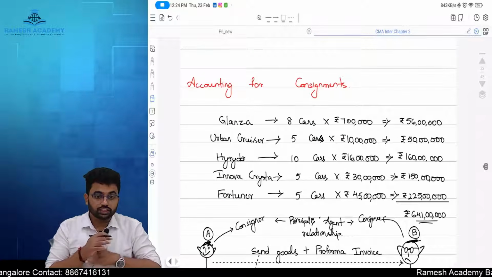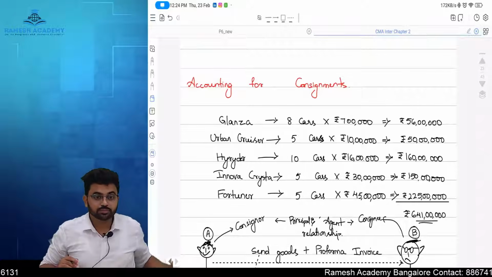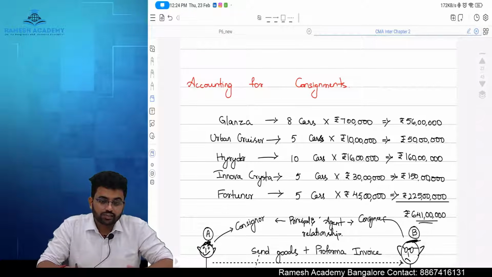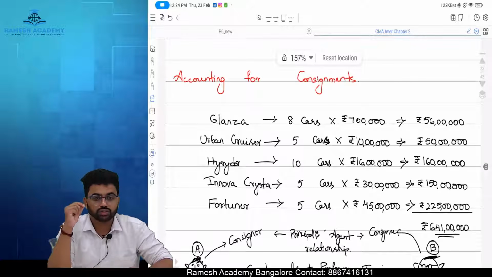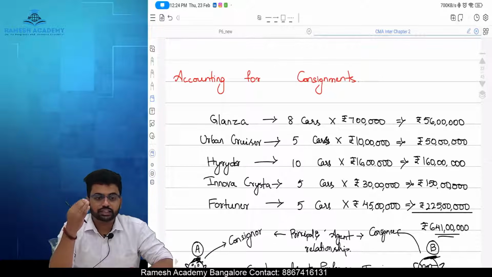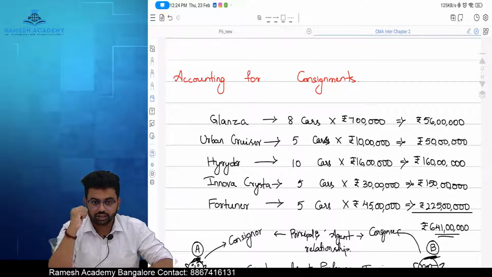Accounting for consignment is not like a normal transaction, this is a special transaction. In a normal transaction, some supplier will send goods to the buyer and the buyer will purchase it from the supplier and will send it to his customers, right?